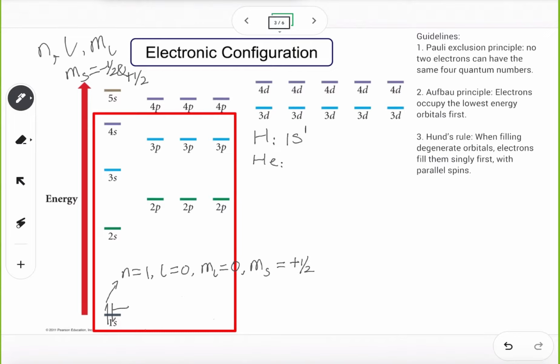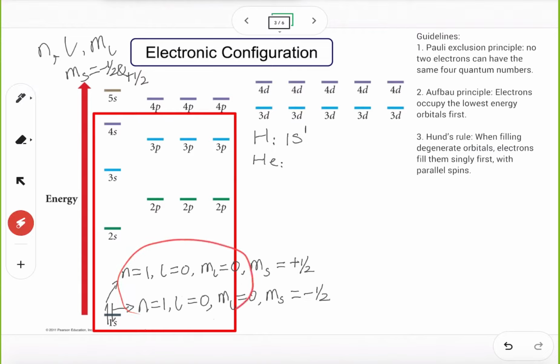For the electron on your right side, n equals 1, l equals 0, ml equals 0, and since it's pointing down, ms is going to be negative half. If you compare, the first 3 quantum numbers are the same for those 2 electrons, but the last one is different. So we are not against the Pauli exclusion principle in this case, and we should take this option.